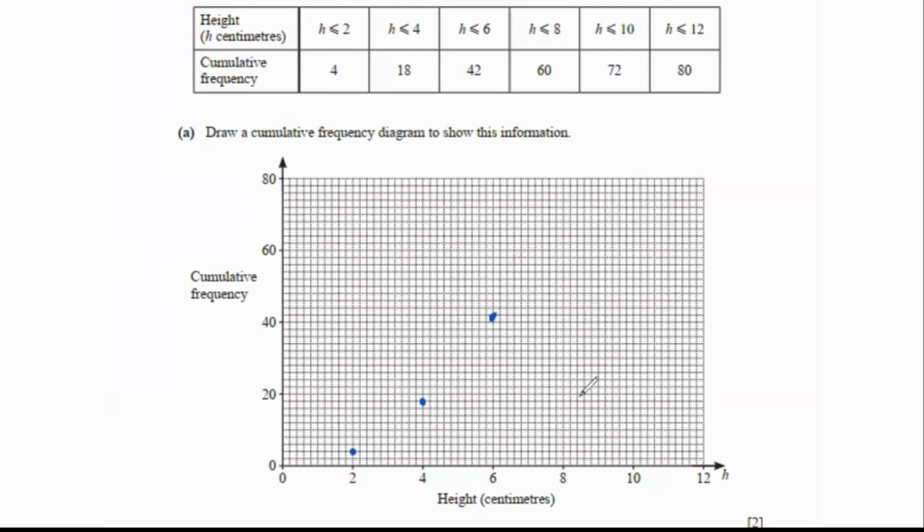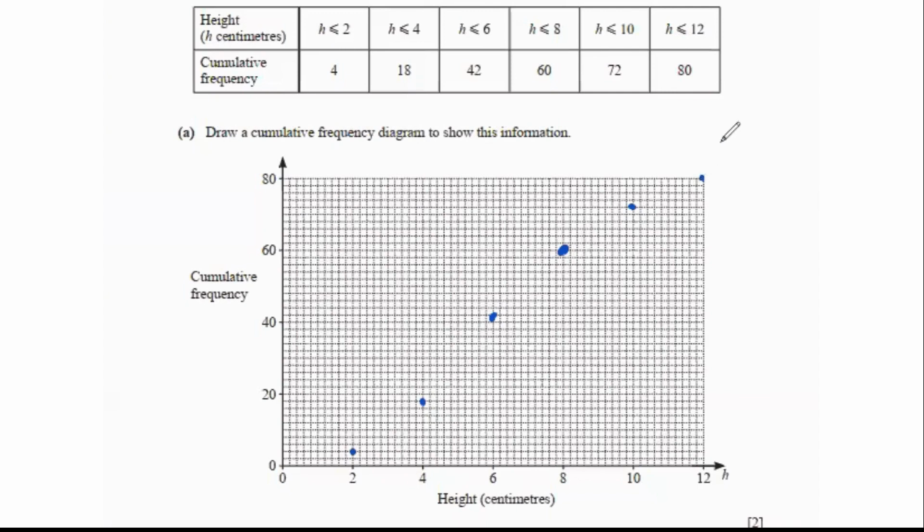And then 8 and 60. 8 and 60 is going to be here, and lastly, 10 and 72 is going to be 62, 64, 66, 68, 72, 80. That is that. And 12 and 80.